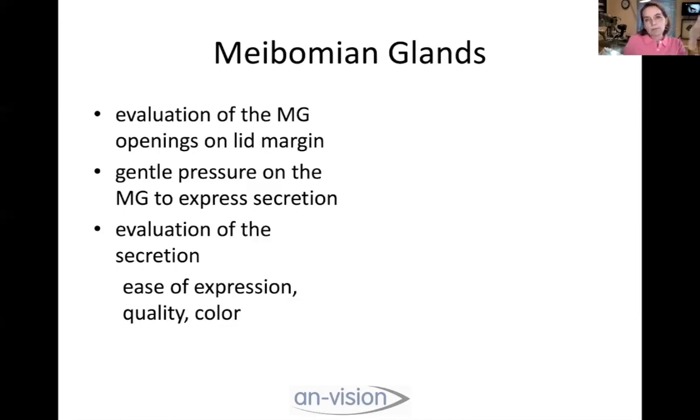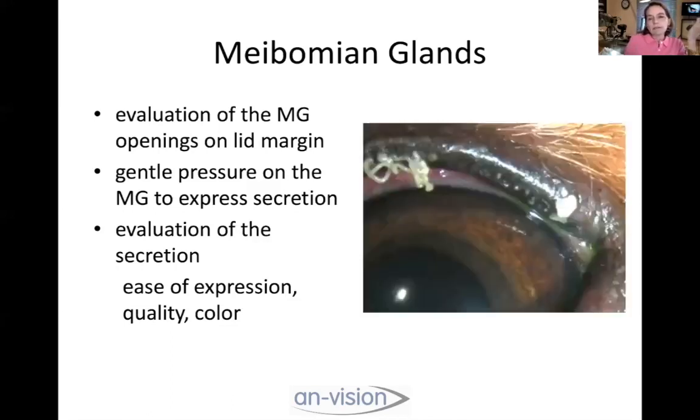And we talked about the meibomian glands, the clinical exam where you actually look at the openings here, and you can see that they are blocked, they are kind of gross.